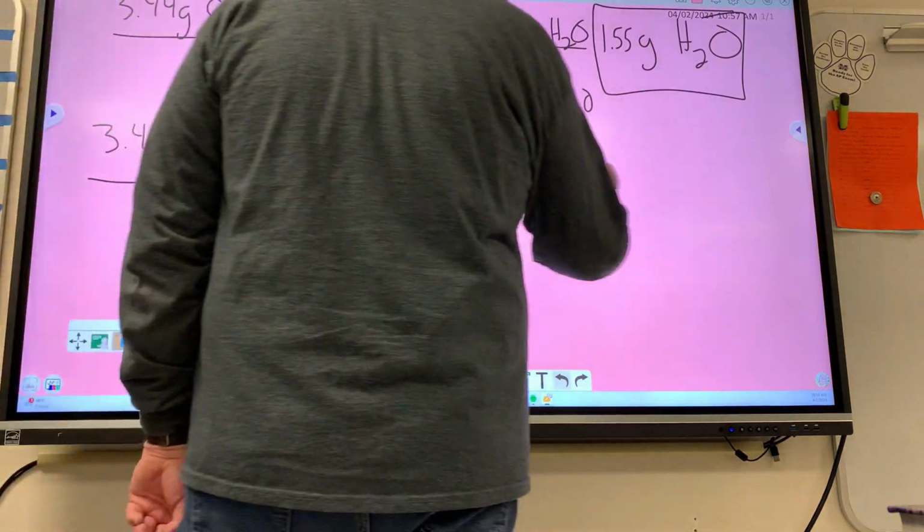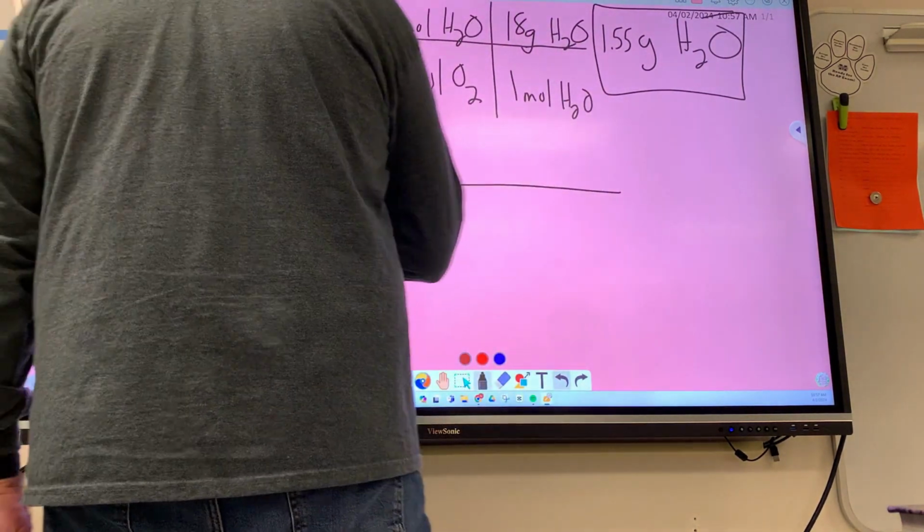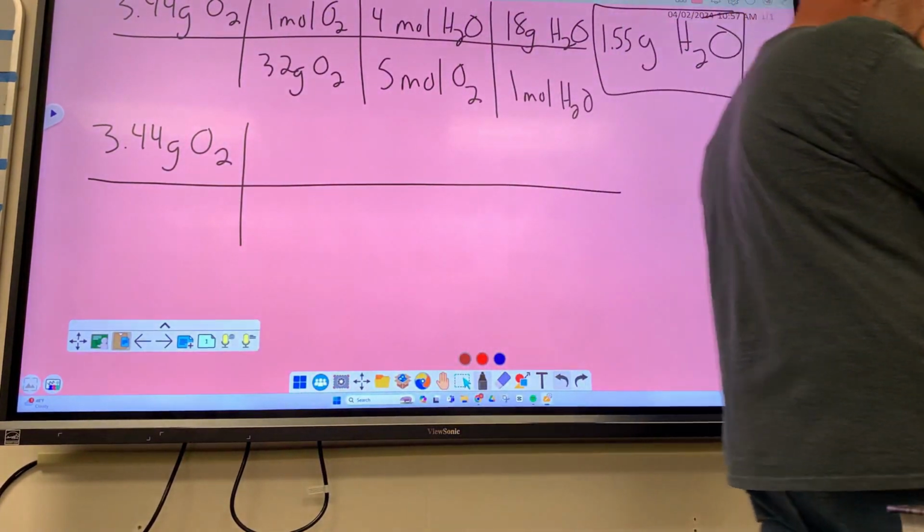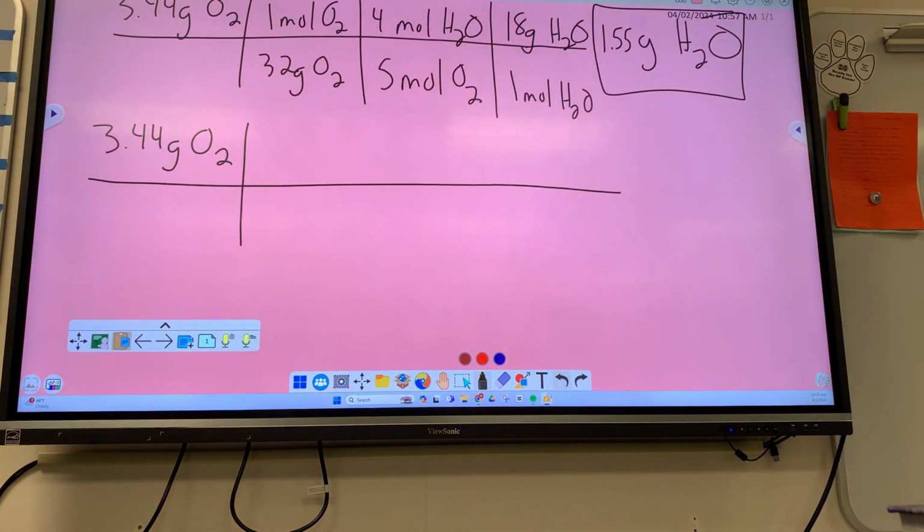Now I want you to think about this. We will subtract, but we can't yet because we don't know what to subtract from. Okay, so stay with me here. This is where this gets difficult. In our s'mores lab, what were our excess reactants?